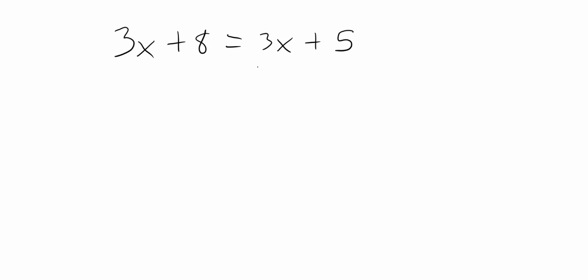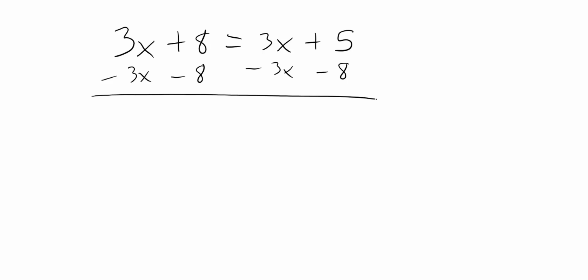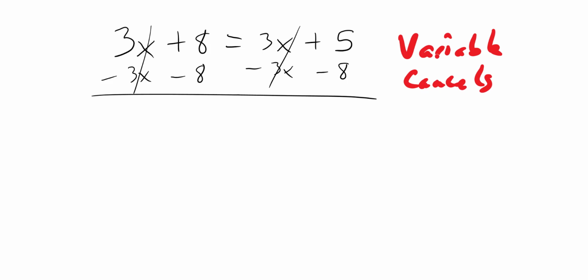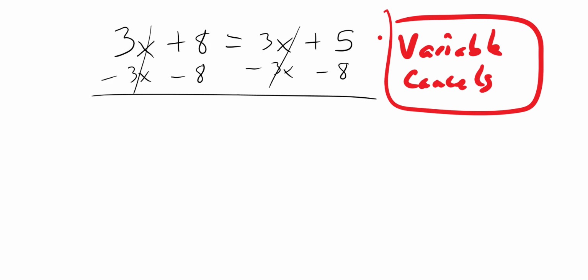You're going to move the 3x over, and then subtract 8 to move that to the other side. The x's cancel, and again the variable cancels. I'm going to write that in big bold: variable cancels. Very important: in order for this to be a special case, the variable has to cancel, and it does.